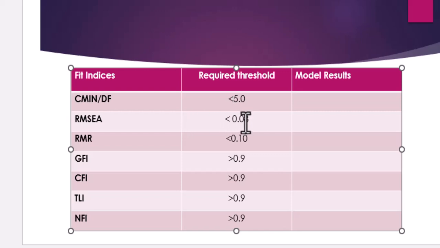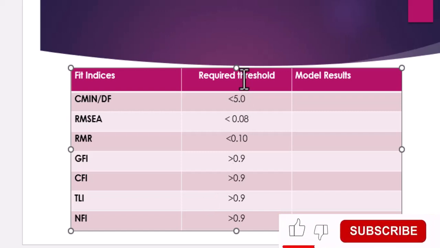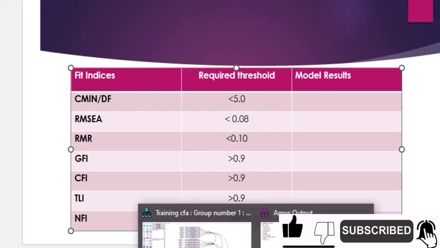RMSEA should be less than 0.08. RMR should be less than 0.10. So all these are the thresholds. GFI, CFI, TLI, NFI should all be greater than 0.9. But in some analyses, you may find that your fit indices do not meet the required threshold.